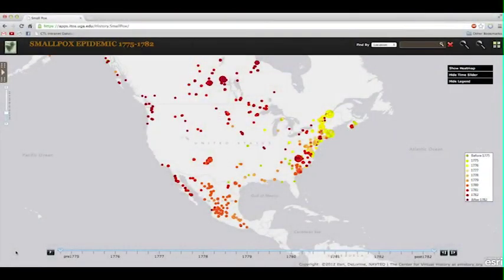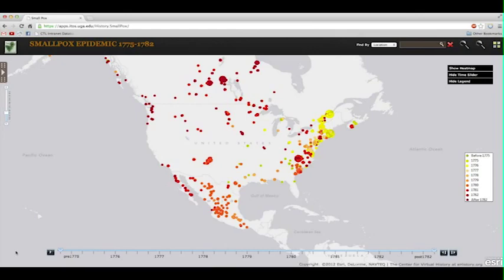So here's the kind of continent-wide perspective. Again, each one of these points represents a historical reference. So there's something misleading, because I think naturally we look at this and we think this is a map showing mortality, perhaps, or showing the complete extent of the epidemic, which is not at all the case.